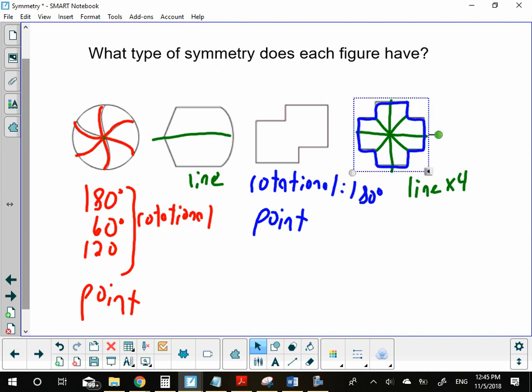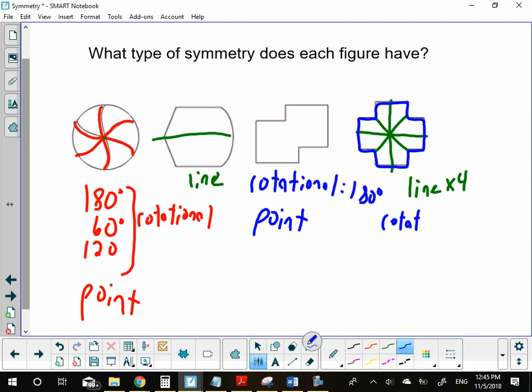So rotational: 90 degrees, or 180 degrees. Anything else? Yeah, if we have 180 degrees, we also have points.